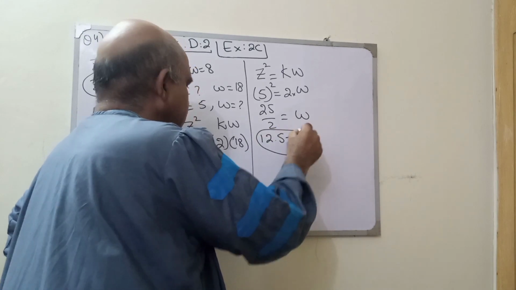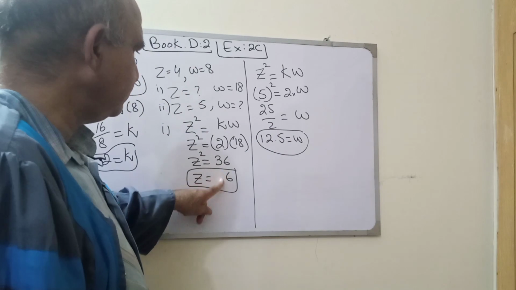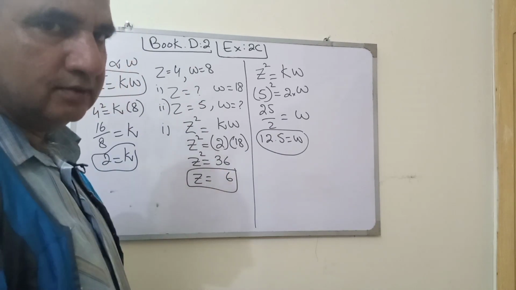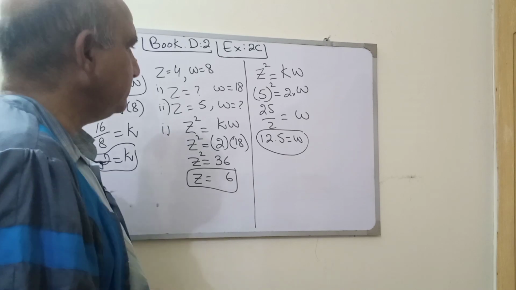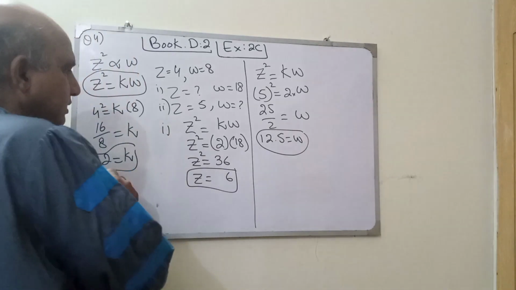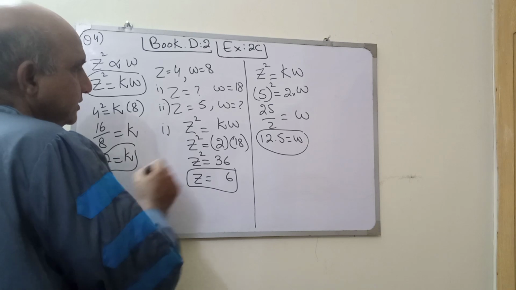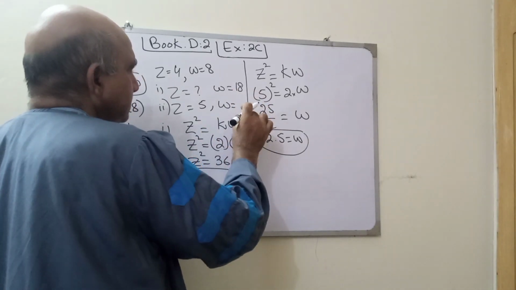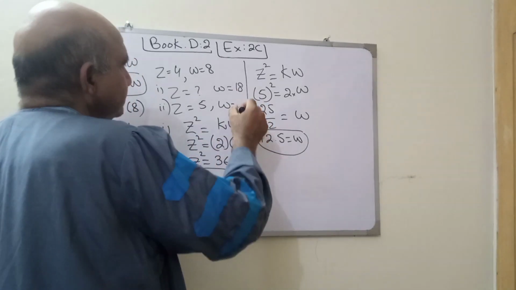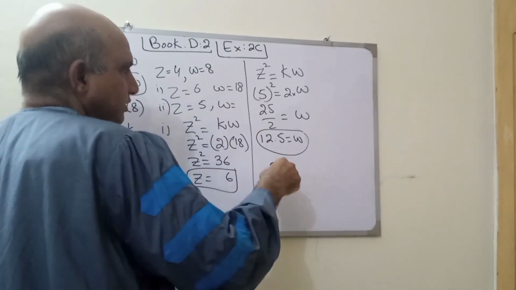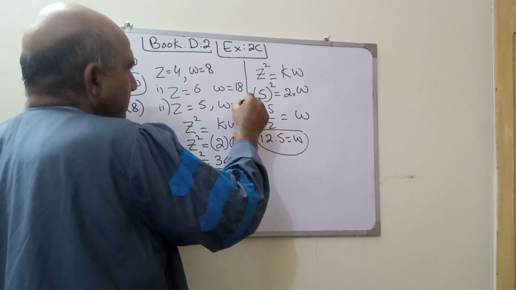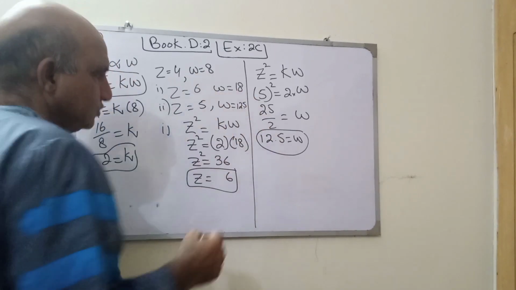Right? This is w and this is z. So here z is 6, and here w is 12.5.